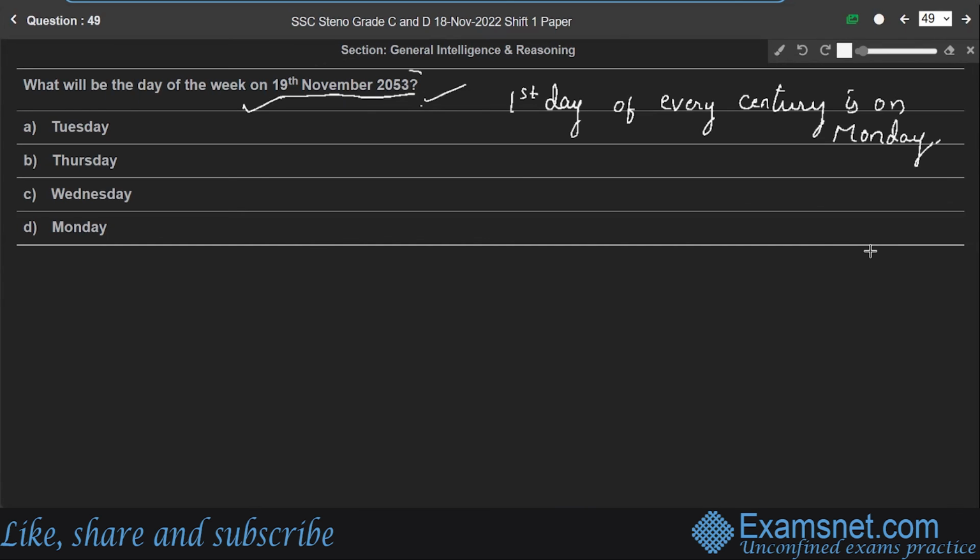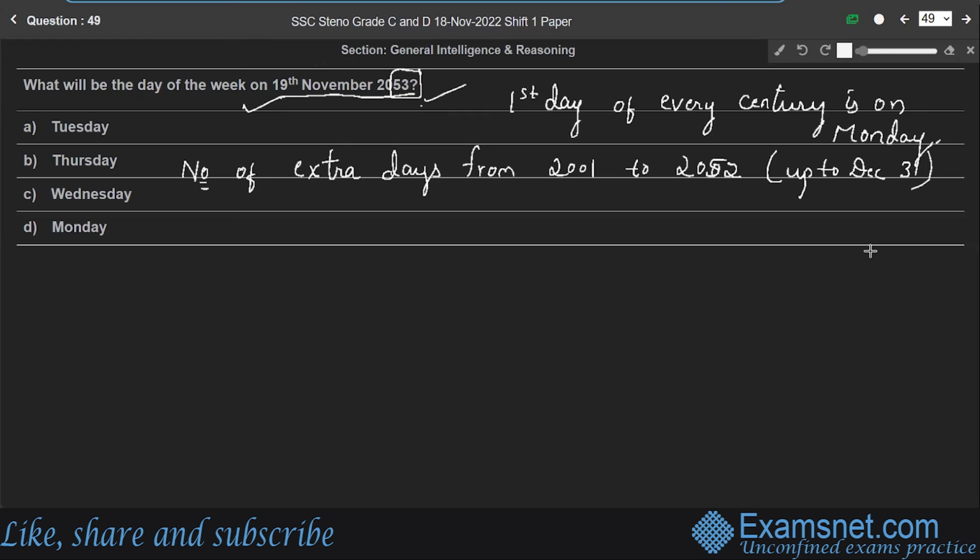So we'll consider the number of extra days from 2001 January 1st to 2053 November 19th. Before going to 2053, we'll consider up to 2052, so the number of extra days from 2001 to 2052, up to December 31st.